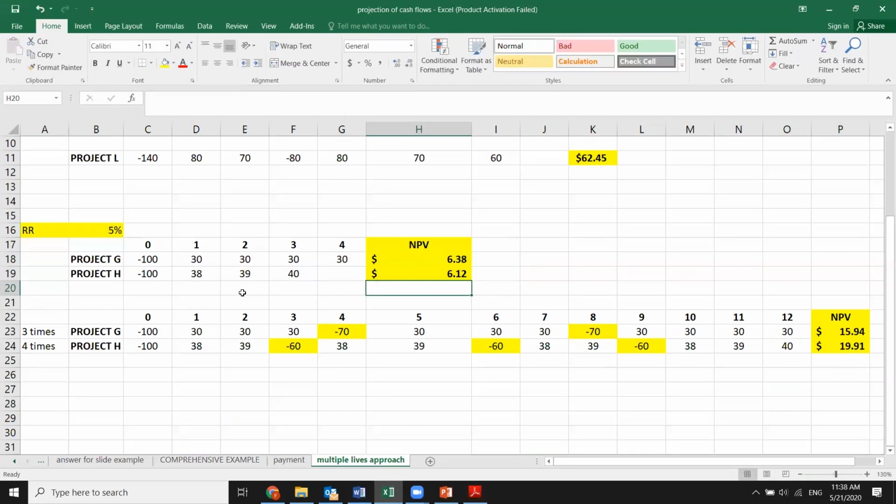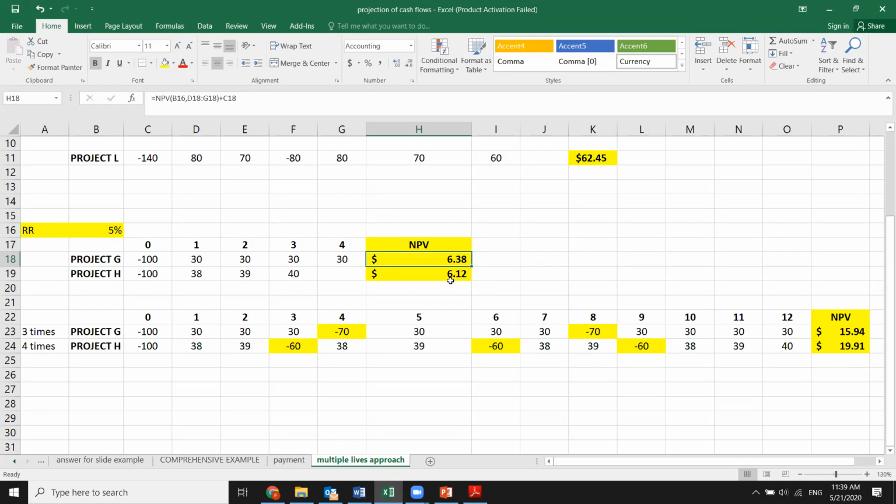Great. Now, before applying this multiple lives approach, you would just say, I will select this, but it wouldn't be a rational decision. You cannot make such a decision based on this because of the useful life.